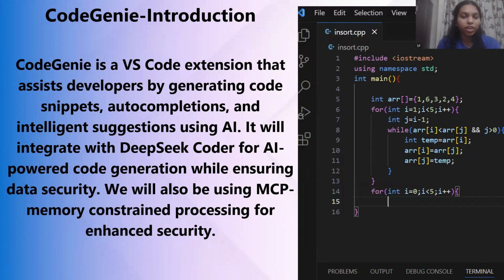It is also efficient in different coding languages, that is Python, C, Java, C++, JavaScript, etc. It is integrated with the DeepSeek coder for AI-powered code generation while ensuring data security. In this way, the data security concerns for the companies are also solved. We will be using MCP, that is memory constraint processing, for enhanced security.